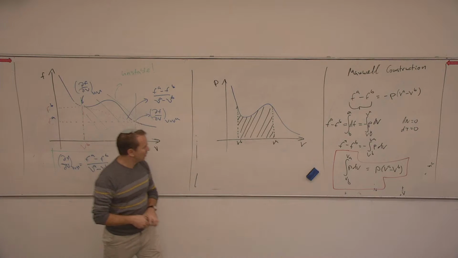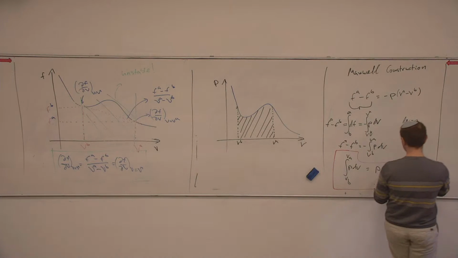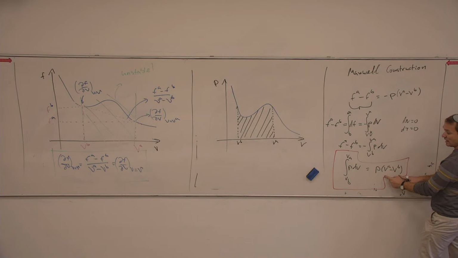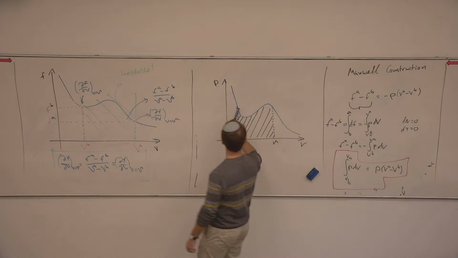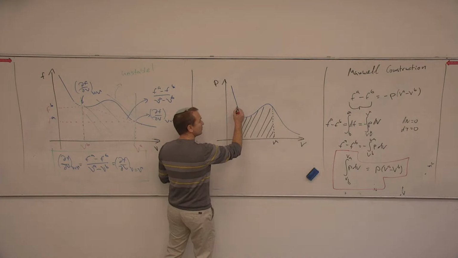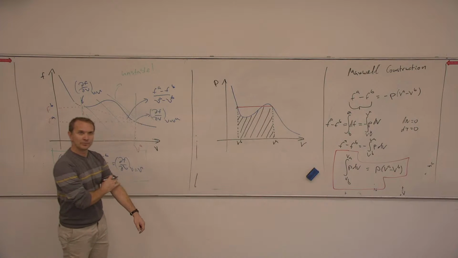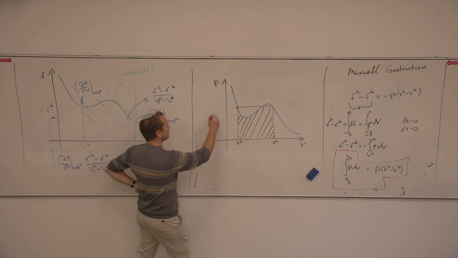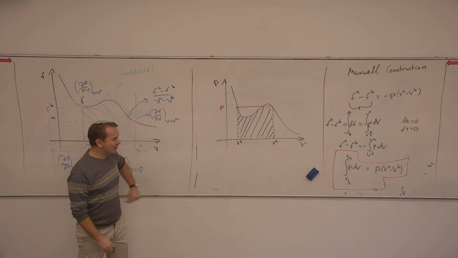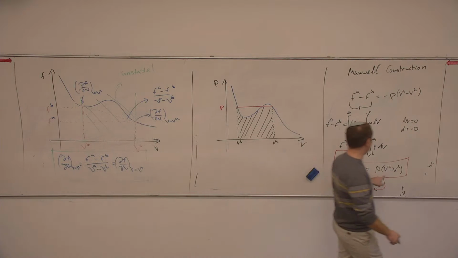Great. What is the right-hand side? You pick some P over here. You plot a straight line. Okay, this is our P. And you calculate what is P times (VA minus VB).